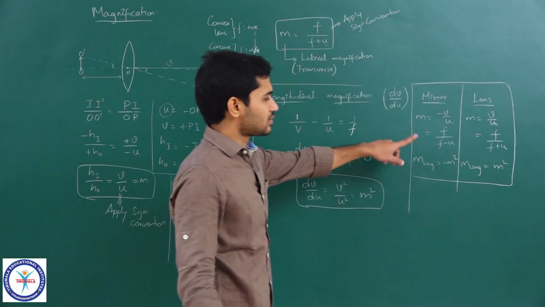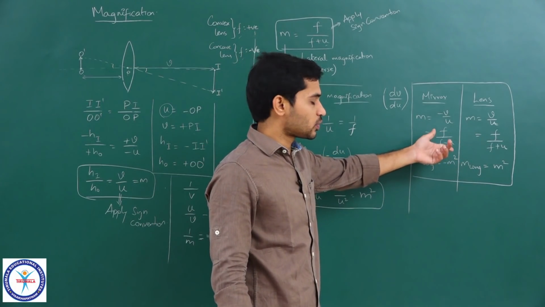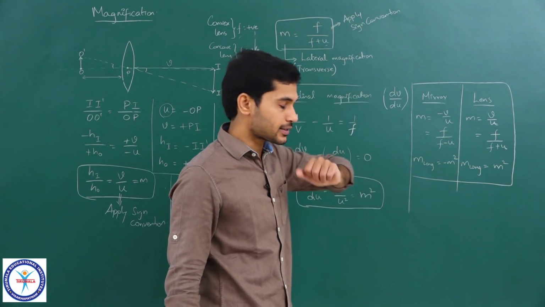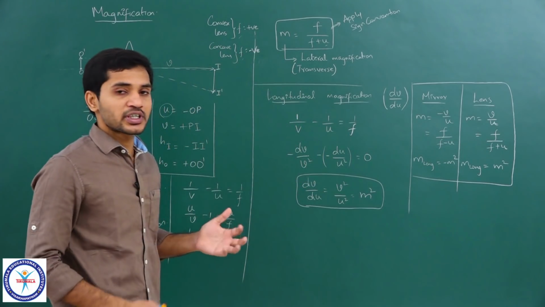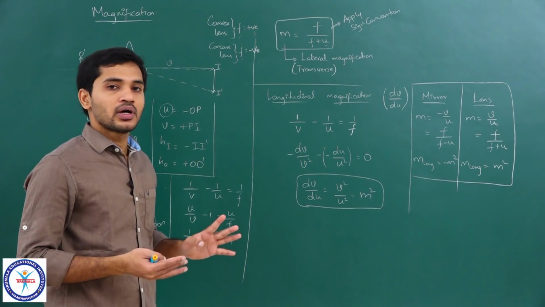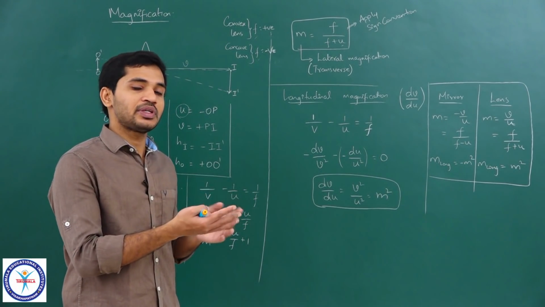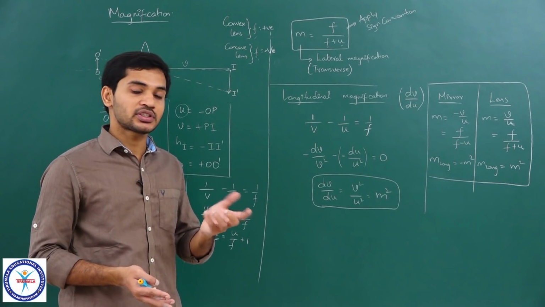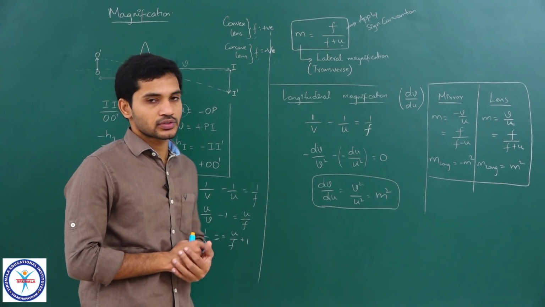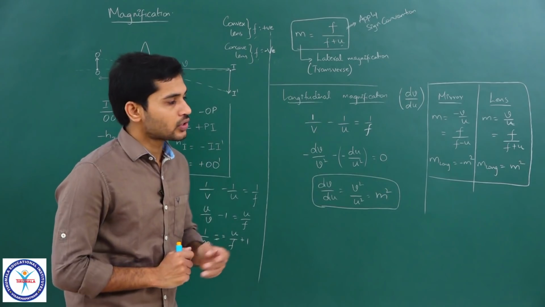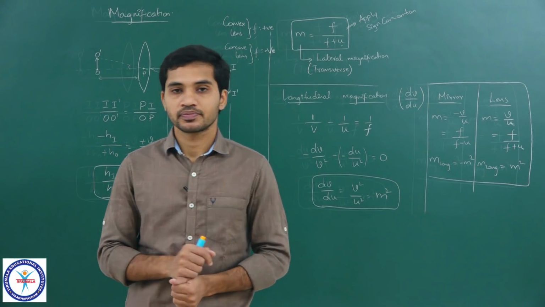Remember that the negative sign is replaced with a positive sign in the case of lens. That is the idea, students. Apart from that, the rest is all the same. Positive value means erect image, greater than 1 means magnified image, negative means inverted image. The rest is all the same analysis, clear. So, let us see some examples based on this.